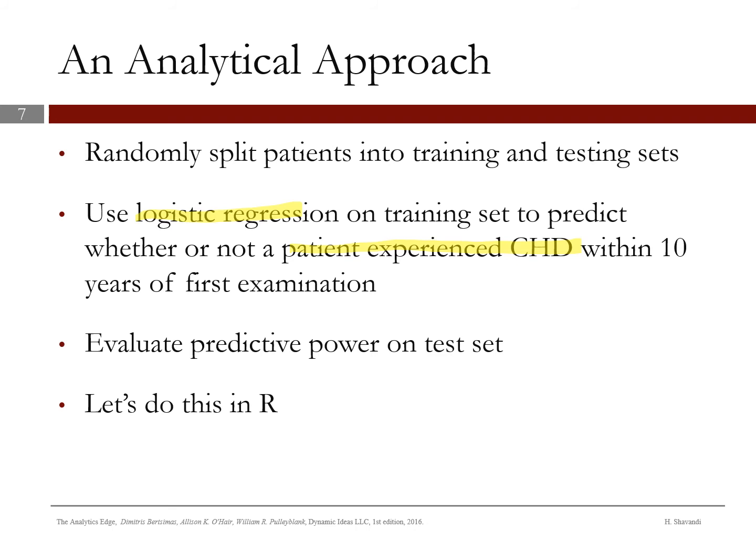Then we will evaluate the predictive power of our model on the test set. Let's do this in R. We will do this in R separately in another recording. Here I just have a summary of the results obtained by the logistic regression model in the next slide.